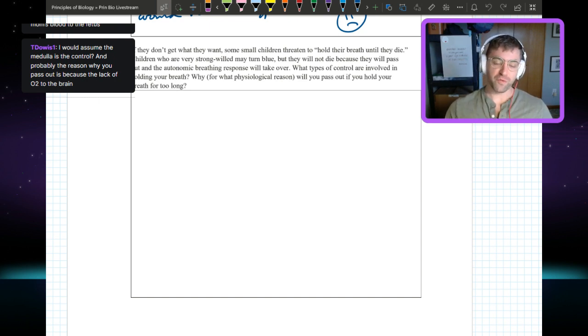So if we can rewind a little bit, look back at the diagrams that we were drawing earlier, the first thing we drew in there was the diaphragm. And the diaphragm is really cool because it's sort of a mystery in terms of the conscious and unconscious controls of the diaphragm.